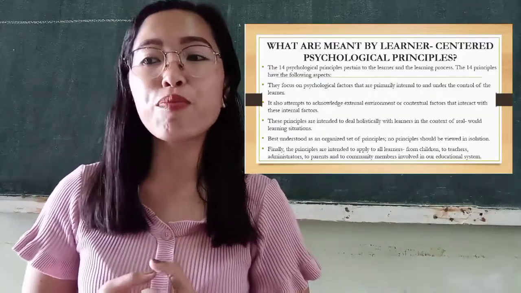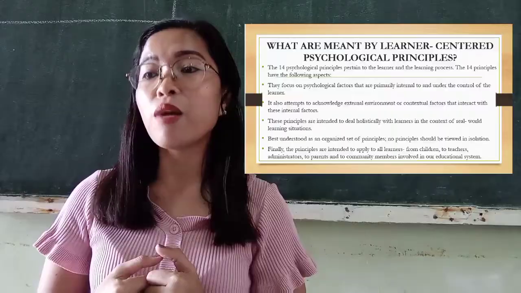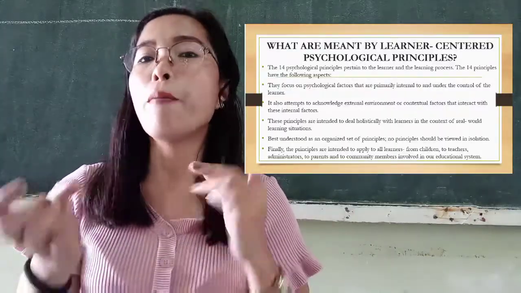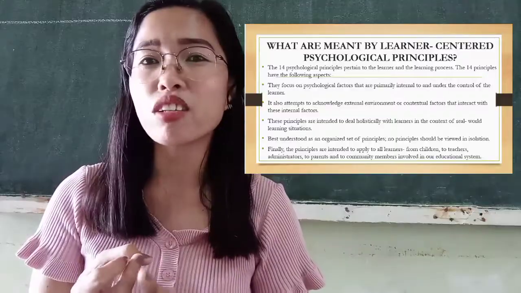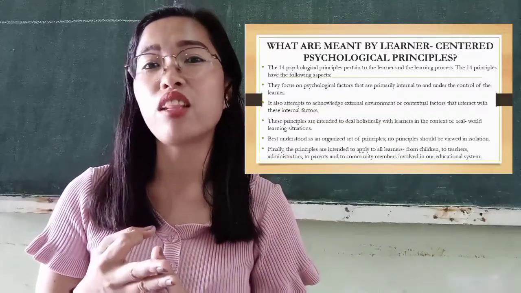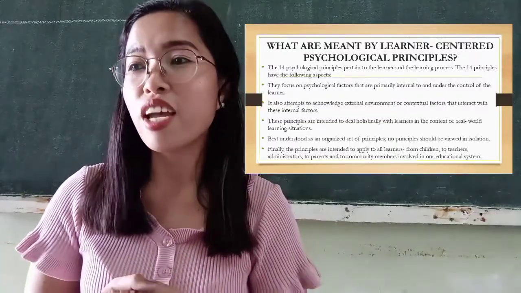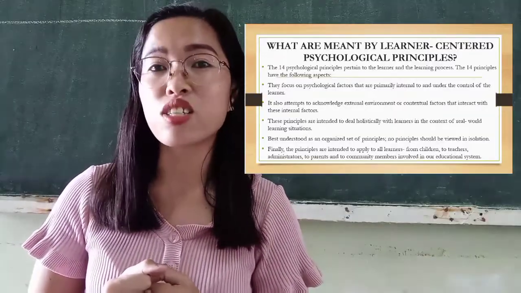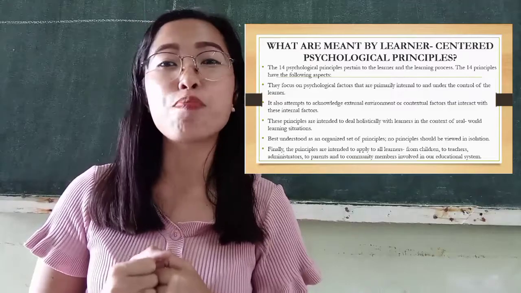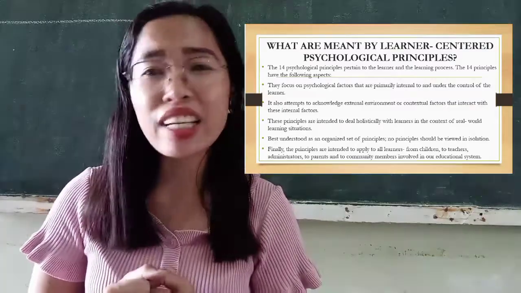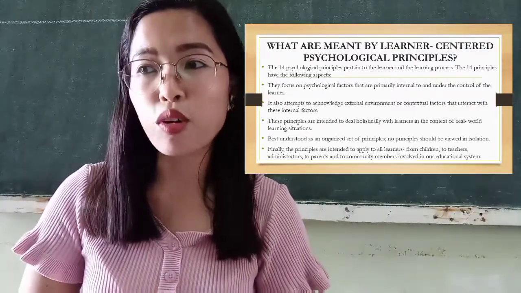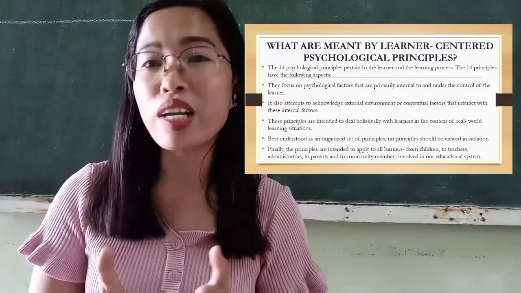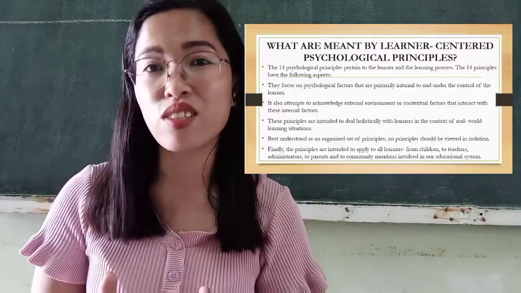Okay? Then these principles are also intended to deal holistically. So we see that the cognitive, the psychomotor, and the affective domains of the learners are being touched, with learners in the context of real-world learning situations. And it is best understood as an organized set of principles. When we say organized set of principles, no principle should be viewed in isolation.